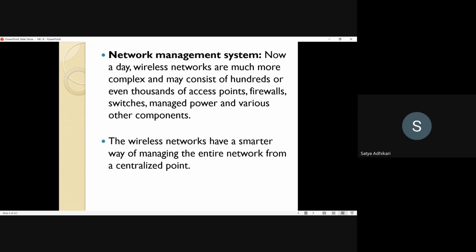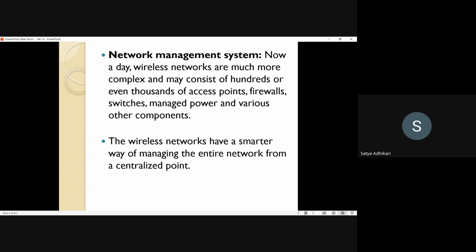Network management system. Nowadays, wireless networks are much more complex and may consist of hundreds or even thousands of access points, firewalls, switches, managed power and various other components. So the wireless network has a smarter way of managing the entire network from a centralized point.